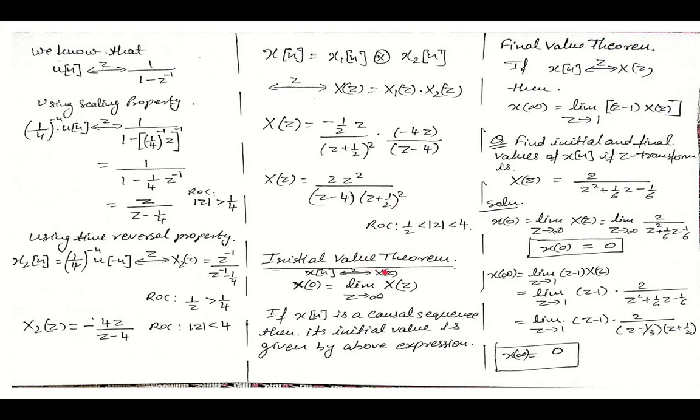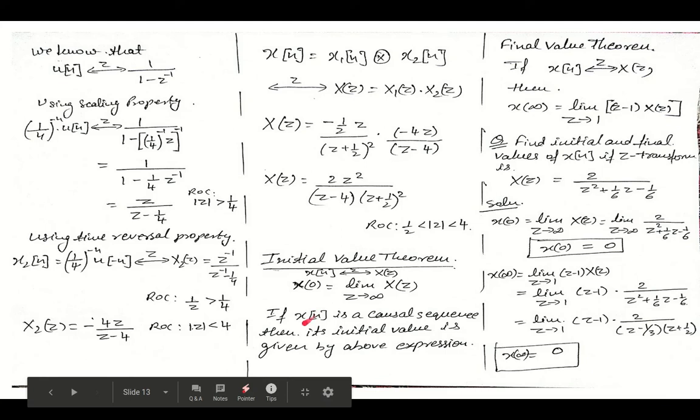Now next will be the initial value theorem. In the Z transform, we have this initial value theorem, and it says that if x[n] is a causal sequence, then its initial value is given by the above expression.